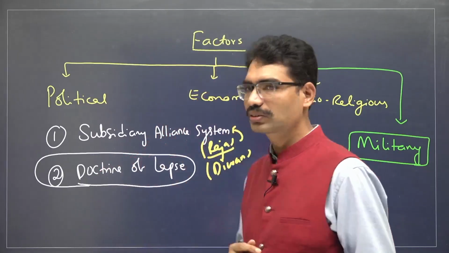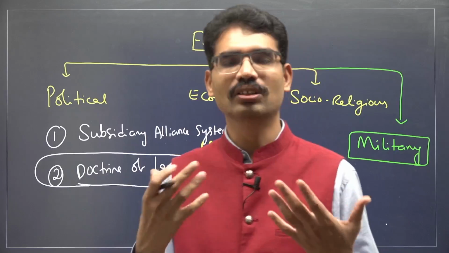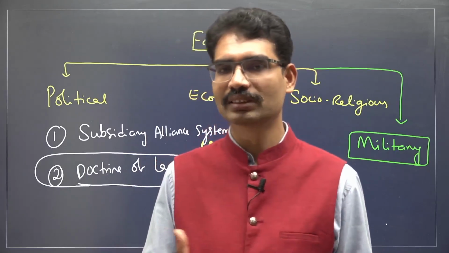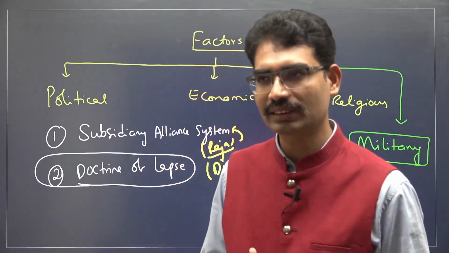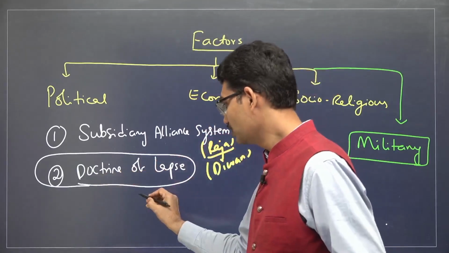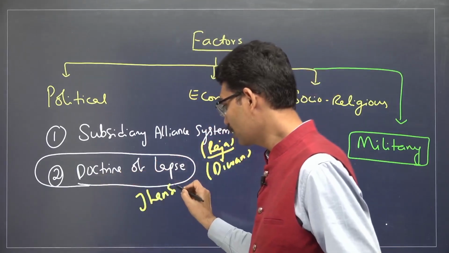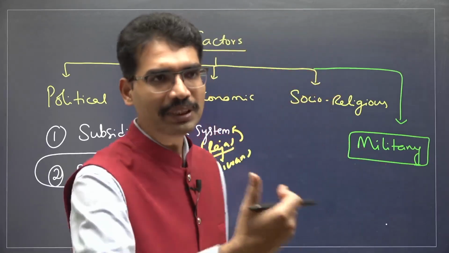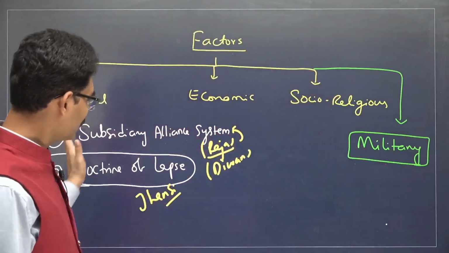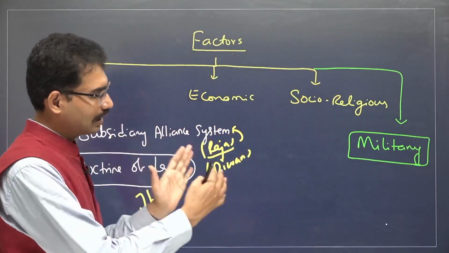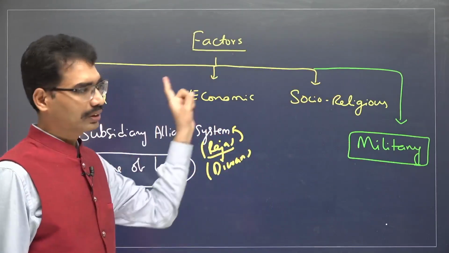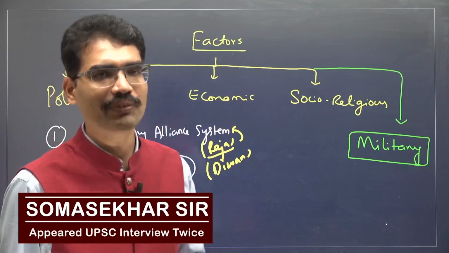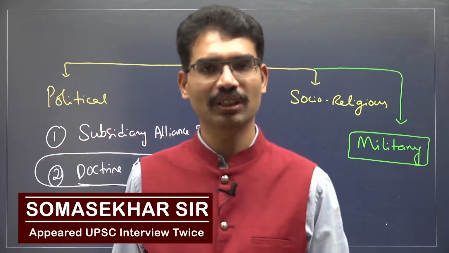Diwan Veluthambi also protested against British interference. That is why resistance. And doctrine of lapse, Jhansi Lakshmi Bai against doctrine of lapse. So this is how, could you see, the culmination of these factors finally leading to an earth-shaking event, that is the 1857 revolt.